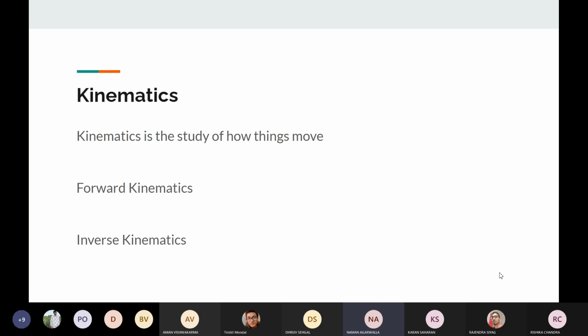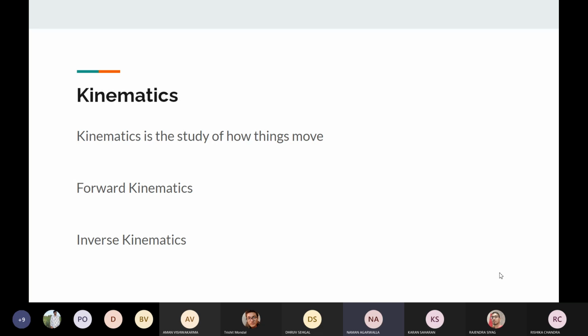We have tried to keep the explanations as simple as possible, avoiding laborious maths and calculations because we have software for that, right? So let's continue.